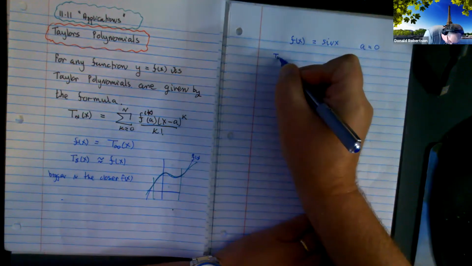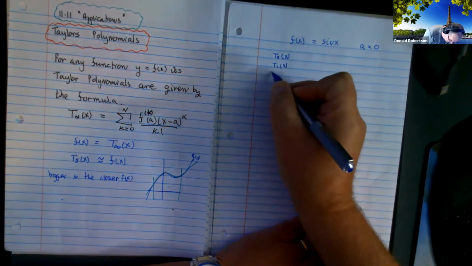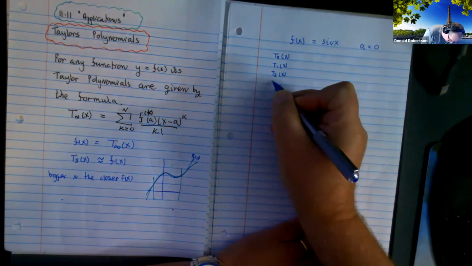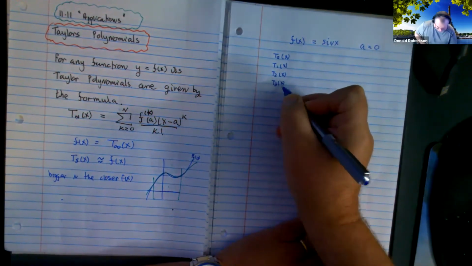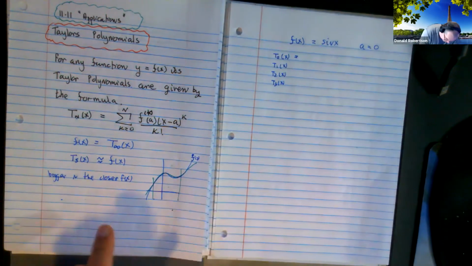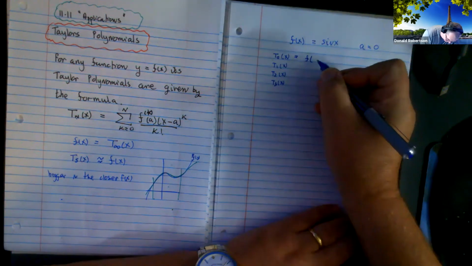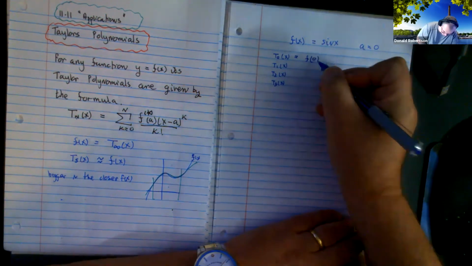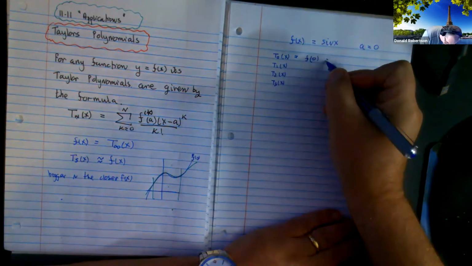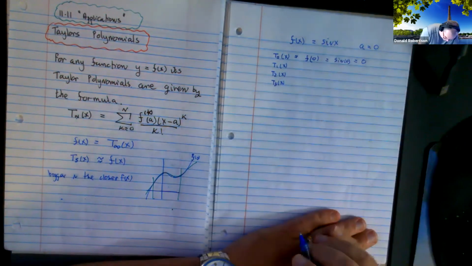I'm going to find t0 of x, t1 of x, t2 of x, t3 of x. Now that should be enough. t0 of x is actually just the value of the function, right? That's 0. And it's a sine of 0 equals 0. So that's pretty useless one.